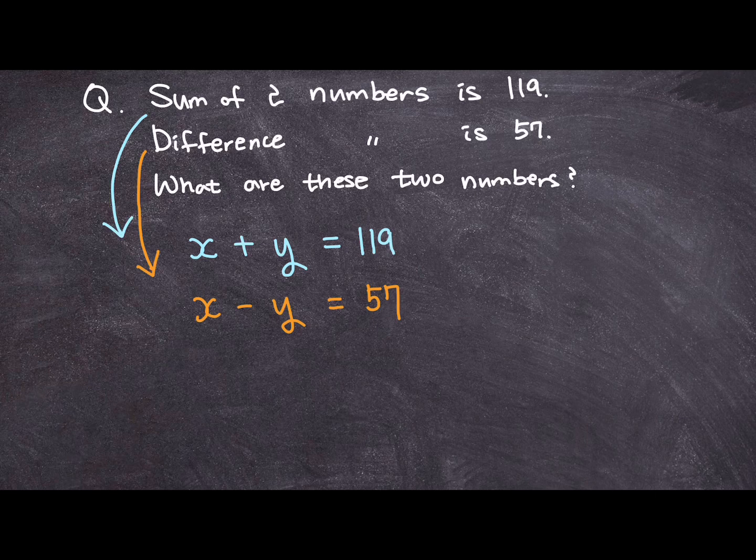Now I have two unknown variables, x and y, and two equations. This way I can figure out the values of both x and y. And these sets of equations are called a system of equations.